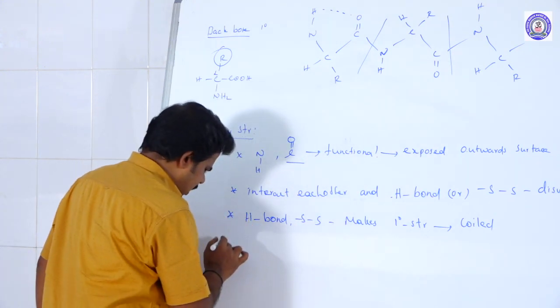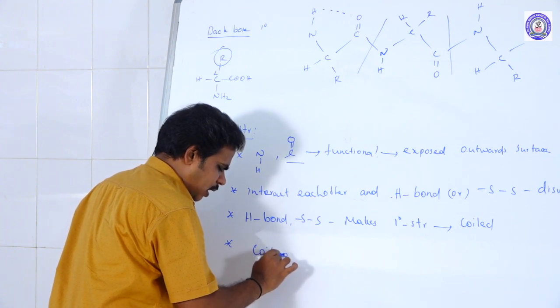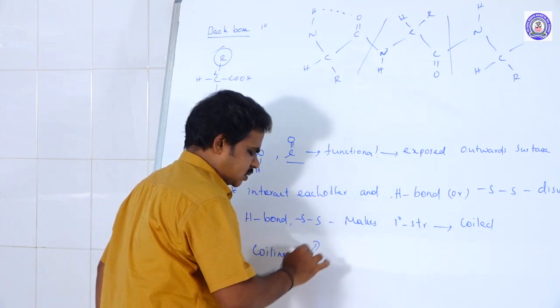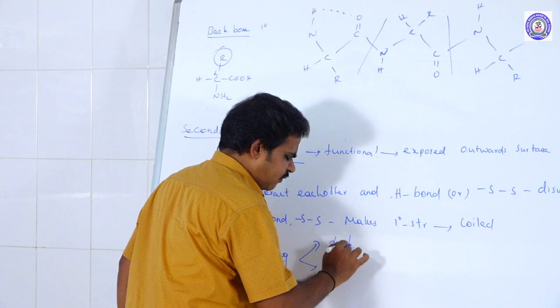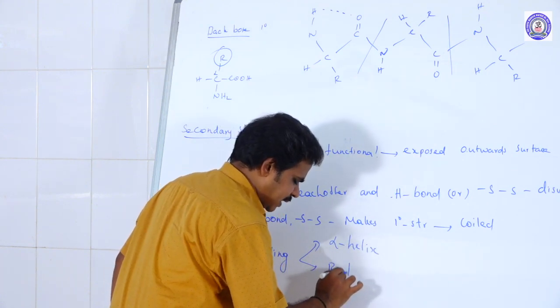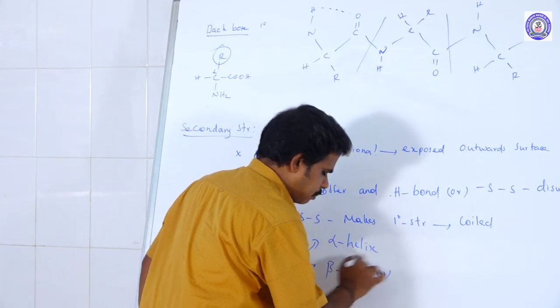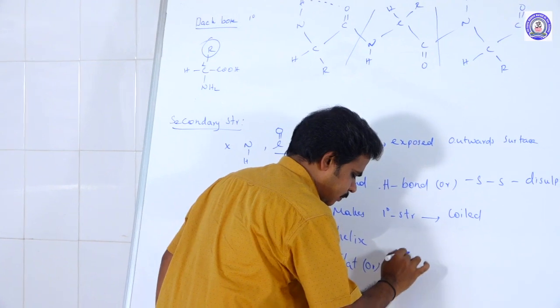And this coiling may be of two types. It is alpha helix and beta flat or beta pleated.